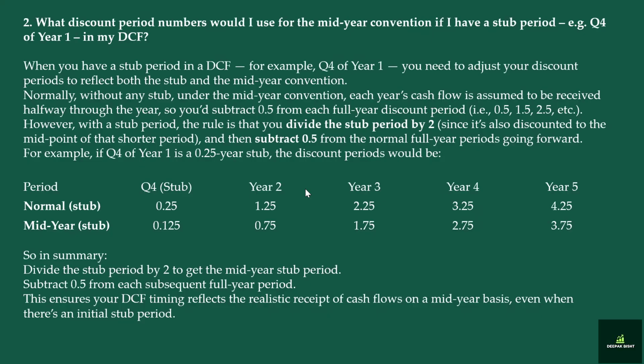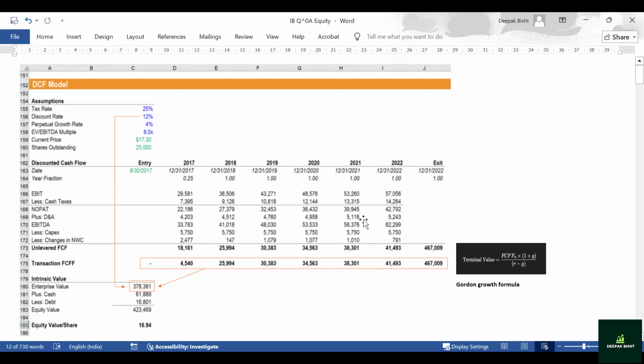Before that, let's look at the DCF calculation here, the screenshot which we discussed. So if you can see here, year fraction is 0.25. This is representing a stub period. The valuation started at the end of quarter 3, 9/30/2017.